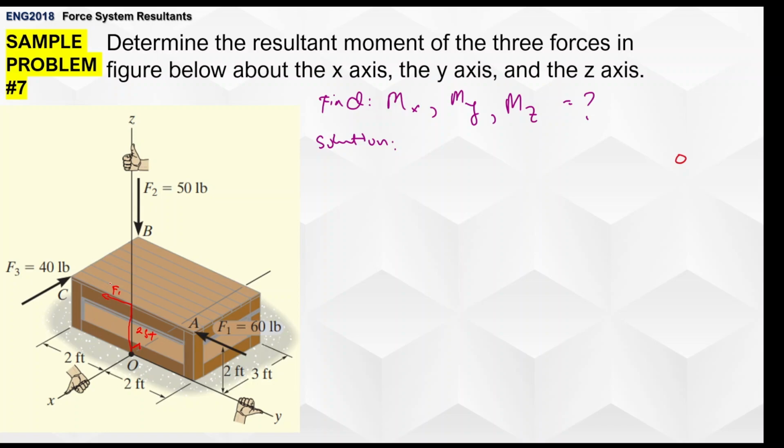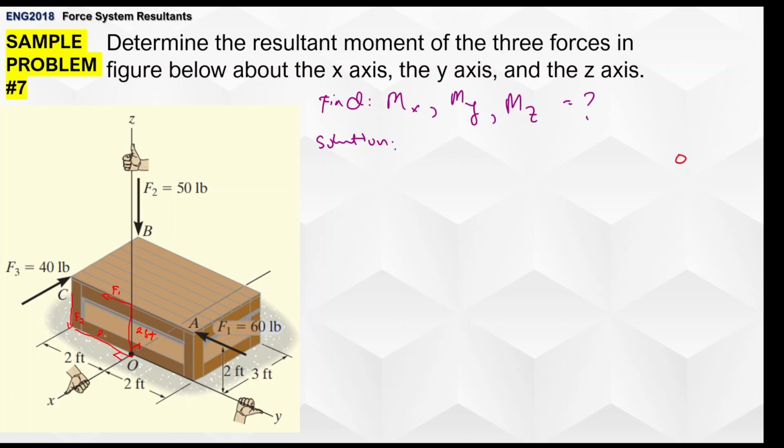What else do we have here? We also have F2, and again applying the principle of transmissibility, it's going to rotate about the x-axis, just like here, F2, and this is the perpendicular distance.